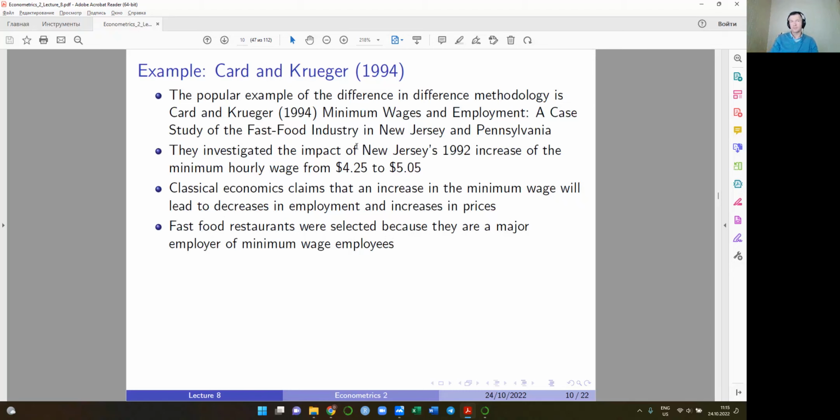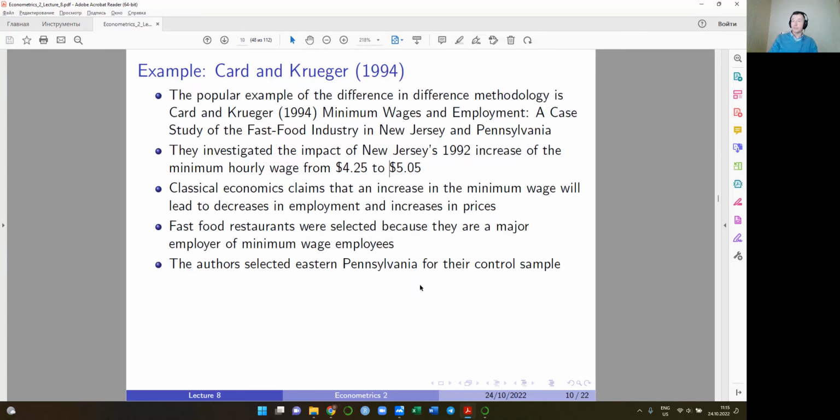It is not reasonable to take the banking sector or oil producers, because for them it doesn't matter what the minimum wage is. They really wanted to find firms that are affected by this policy change of the government, firms that are forced to implement this minimum wage.